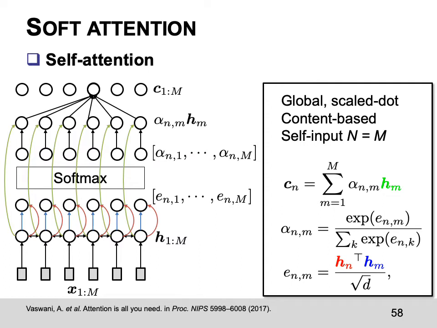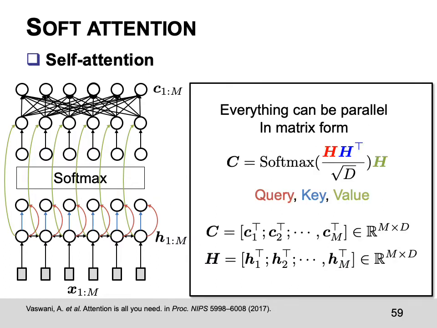Of course, because we can compute everything in parallel, we can also define a matrix form for the self-attention. So in this case, we formulate the input feature sequences as a matrix, and then we do the scalar dot attention in the matrix form. The matrices are called the query, key, and value matrices.